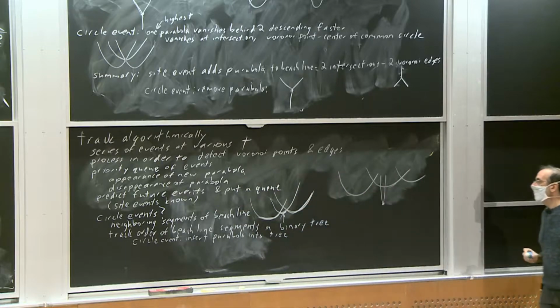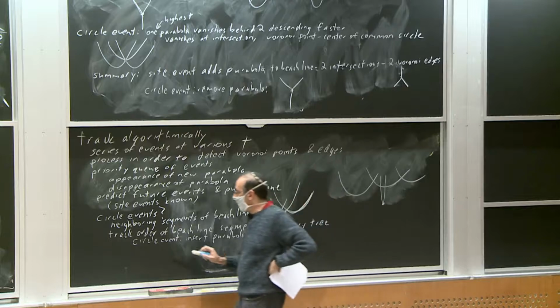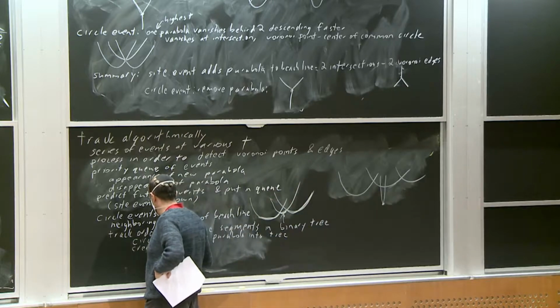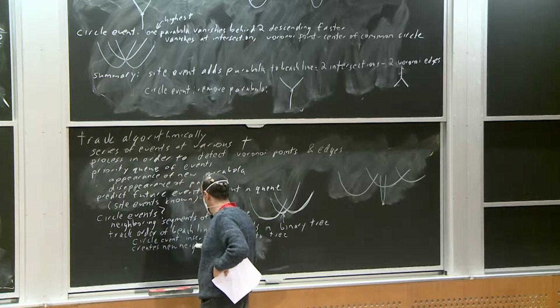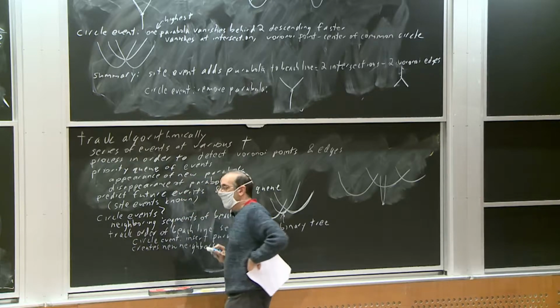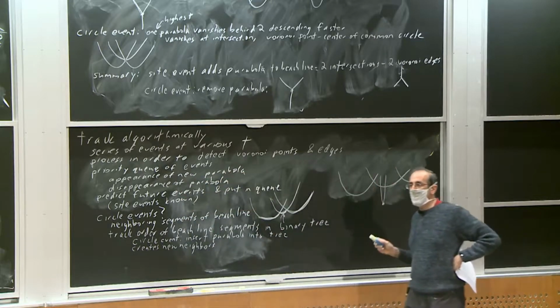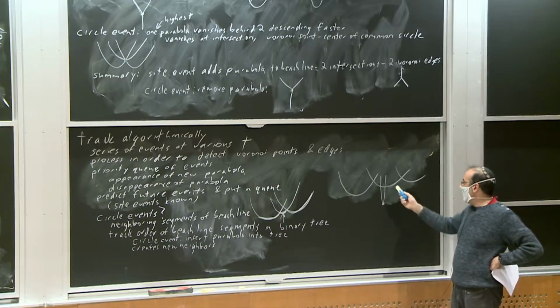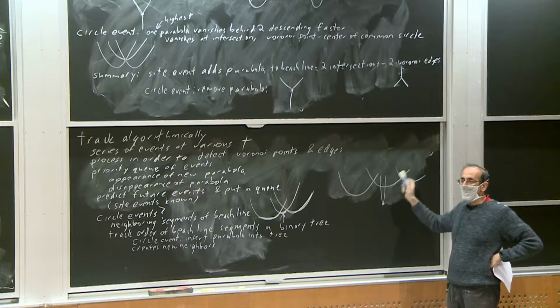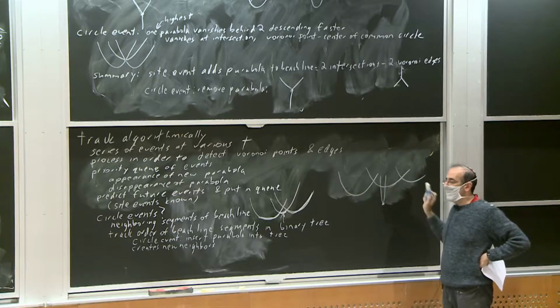And this creates new neighbors, which might end up in a circle event together. So I compute where the circle event will happen for these new neighbors.